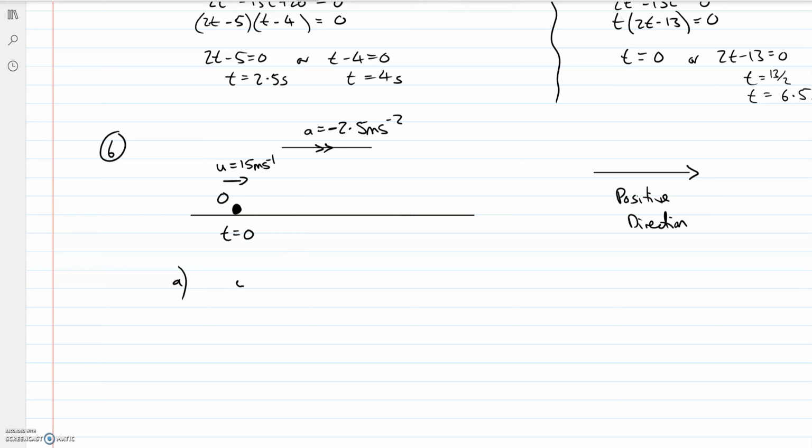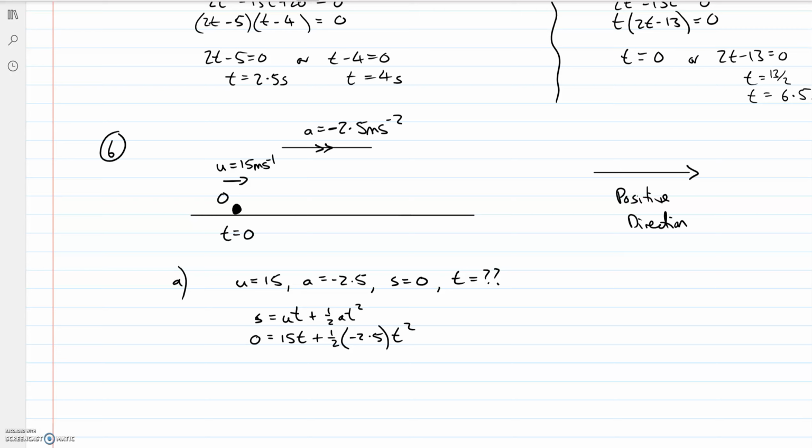So let's write our details down. We know that u is 15. We know that a is minus 2.5. And we know the displacement will be 0 when it's at O. And we're looking for the time. So again, s equals ut plus a half at squared. Sub in s is 0. 15 is u, 15t, plus a half times minus 2.5 and t squared.